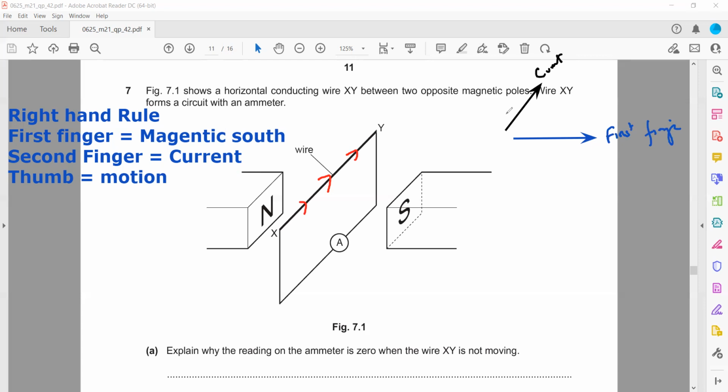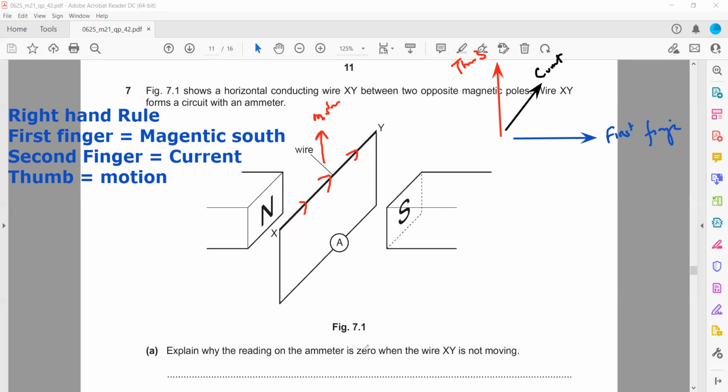When I apply the rule, my index finger is pointing towards the right, the current is pointing into the page. So where is the thumb pointing? The thumb is automatically pointing up. So what is the motion of this wire, or the movement of the wire? This wire is actually moving up.